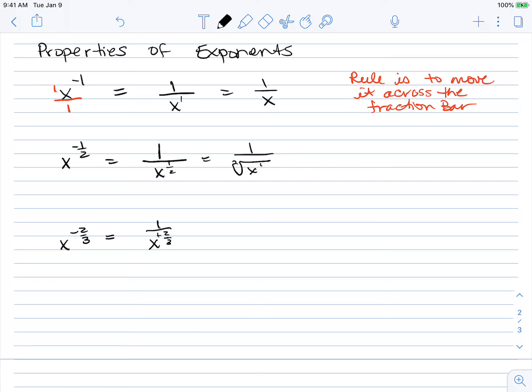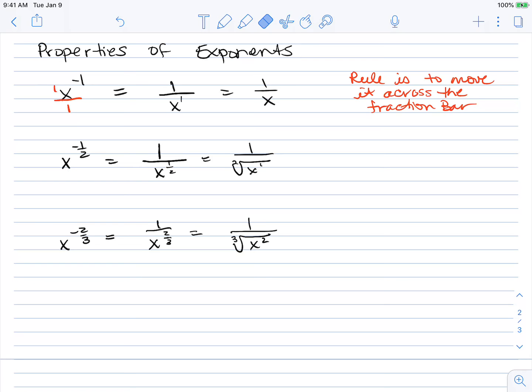And that is the same if I wrote it in radical form, that my root would be 3 and my power is 2.